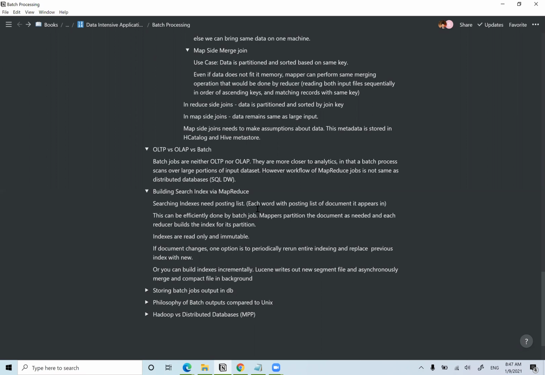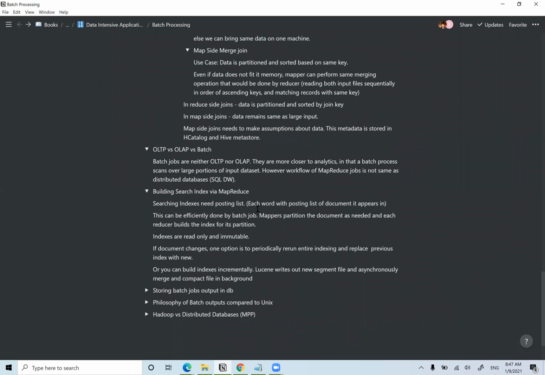To build these kinds of search indexes, let's say you have a bunch of documents and you want to create an index on top of them, so you can run a batch job. That batch job will do whatever processing it needs to do on each document.